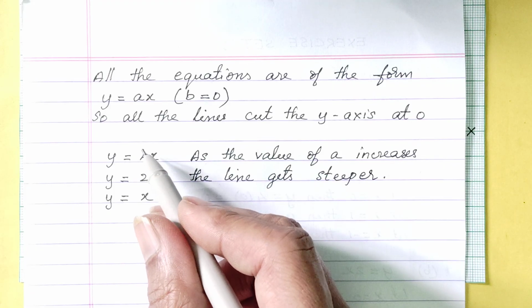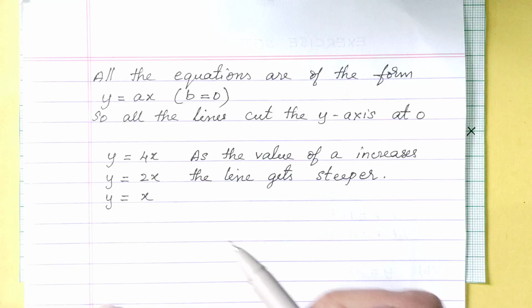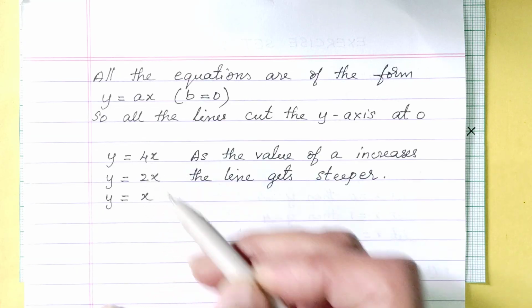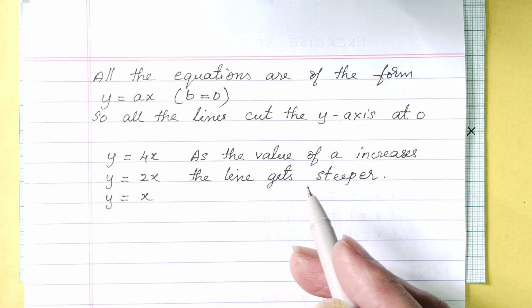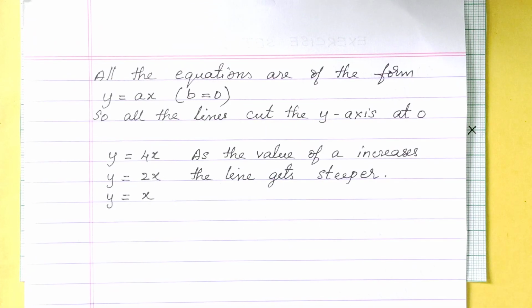So the value of a shows the slope of the line. If the value of a increases, the line becomes steeper. So the first part of the first question has been solved here.